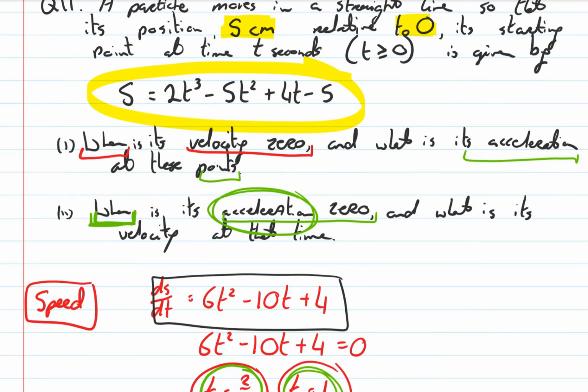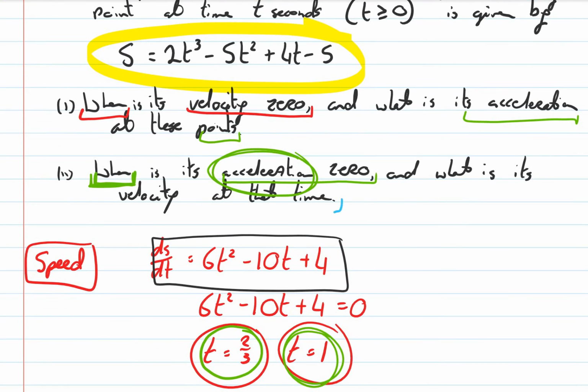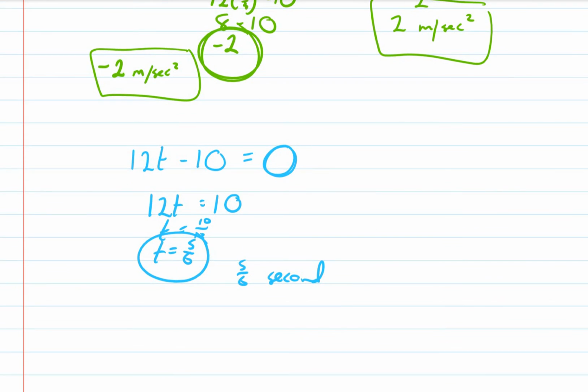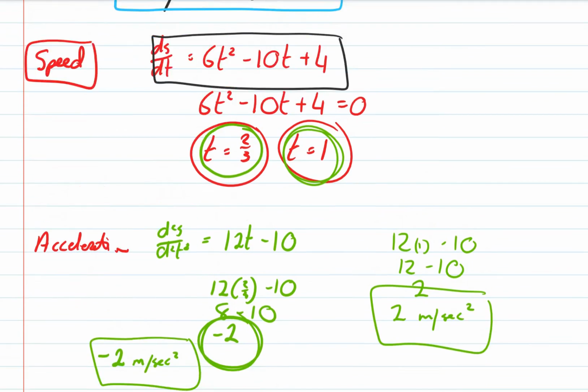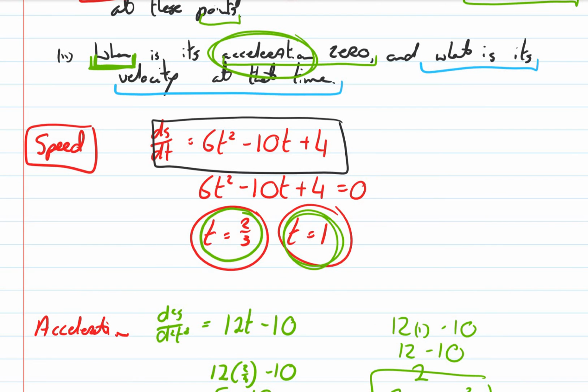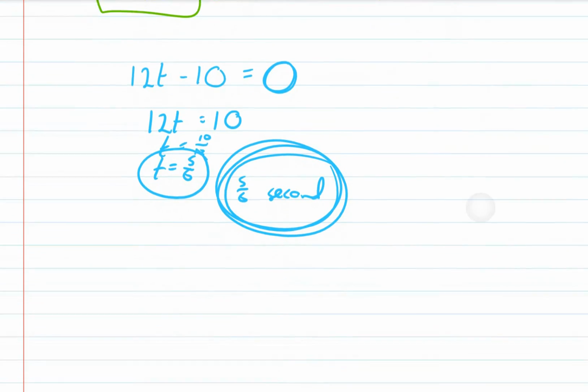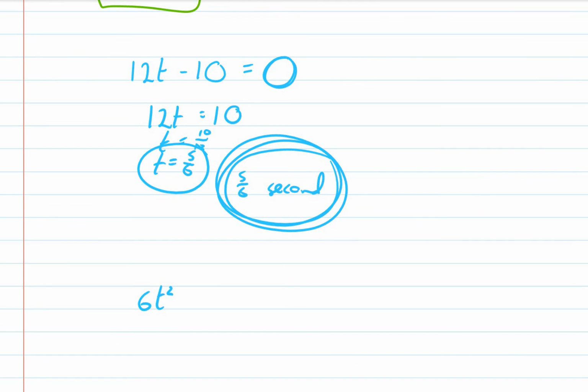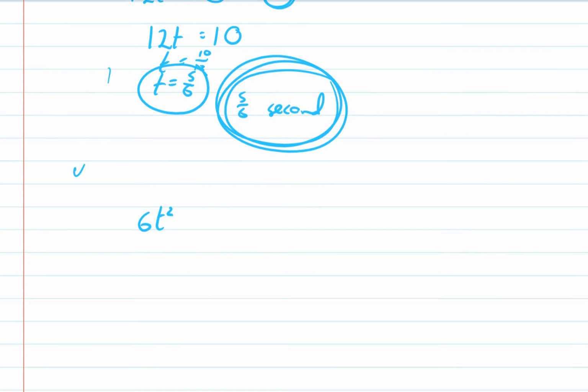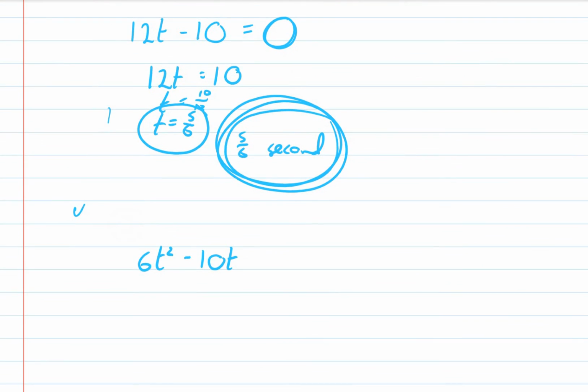And the very last part then, and what is its velocity at this time? So what is its velocity after 5/6 seconds? Do we have a formula for velocity? Velocity is the same as speed, so it's this formula. So 6t squared minus 10t plus 4.